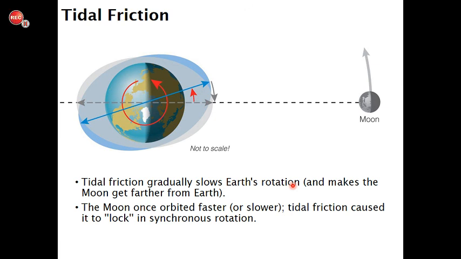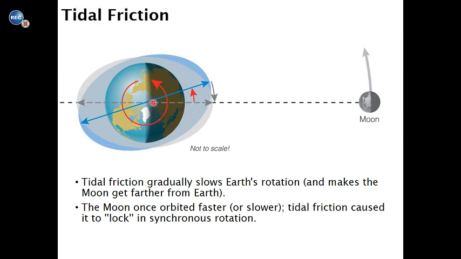So the water is rotating with the Earth, and so what happens is the water bulge rotates ahead of the moon. And so there's a slight force backwards on it. Effectively, what we get is a friction between the water and the Earth's rotation. And this tidal friction slows down the Earth's rotation.